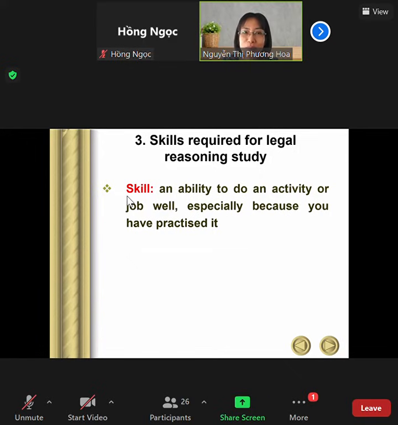But most professional skills, like oral arguments, written arguments, and even critical thinking, are developed intentionally. Okay? Professional skills in one's career, most of them have to be developed intentionally rather than naturally. That is the first point.